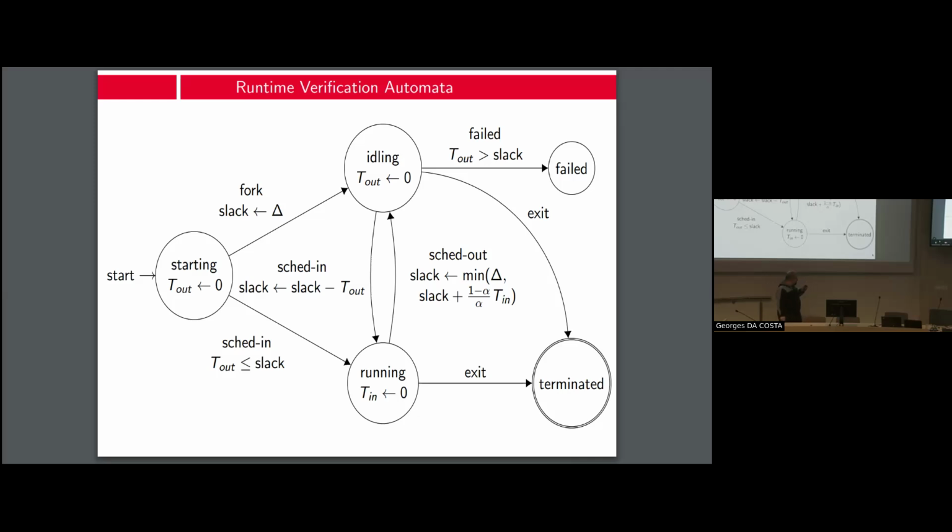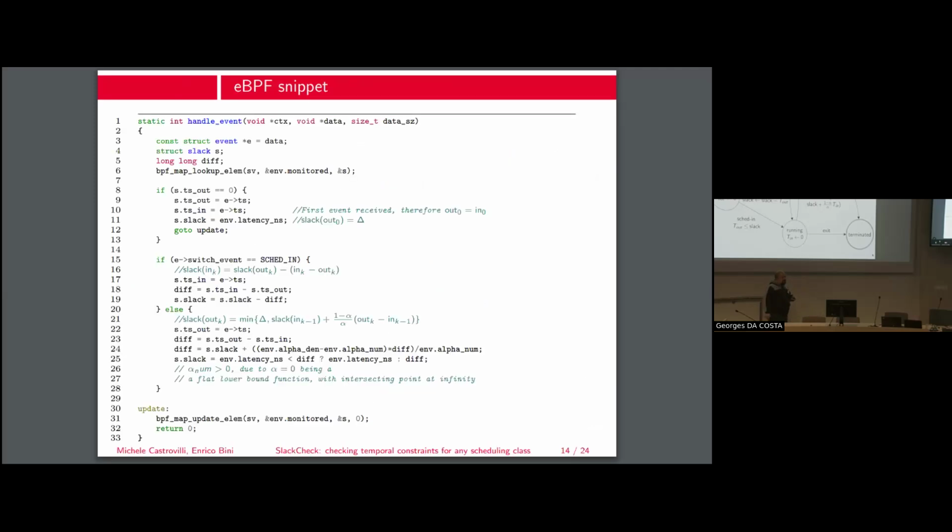Otherwise, I'm just here in this cycle of updating my slack by adding some time or removing some time. And of course, here I'm resetting the counters because I'm basically counting how much time I was in or out of the schedule of the run queue.